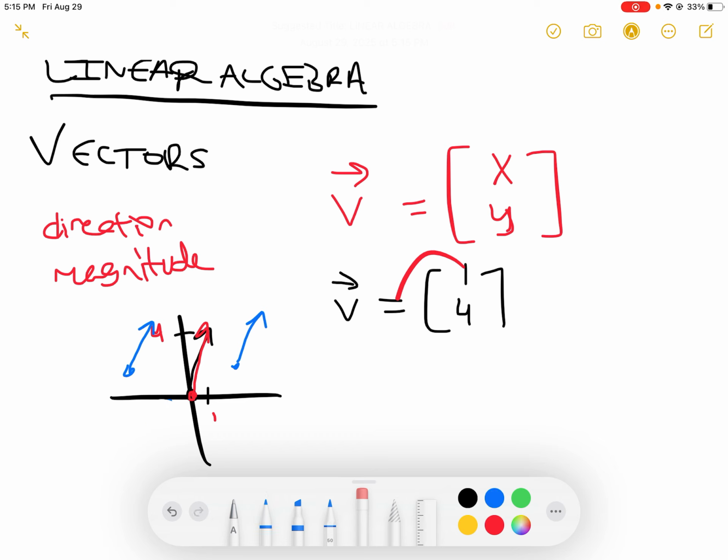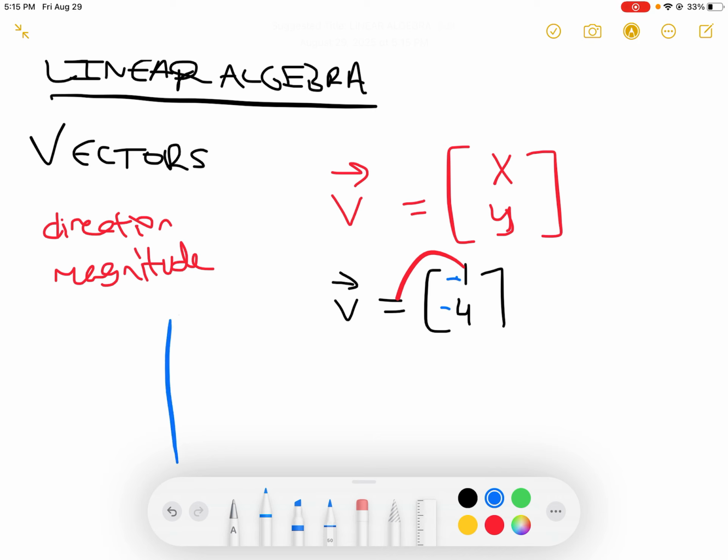Of course, you can have negative too. So if this was instead negatives for those, then it'd just be like that. And then another situation that you could have is this. That's just going to be that.